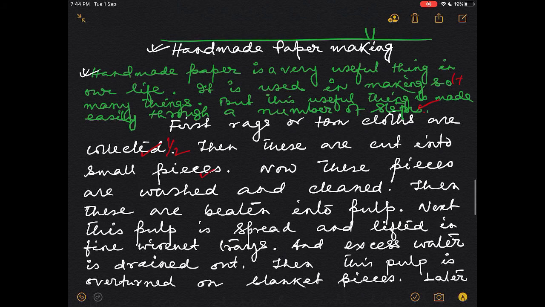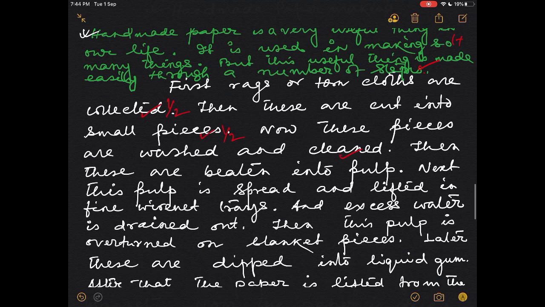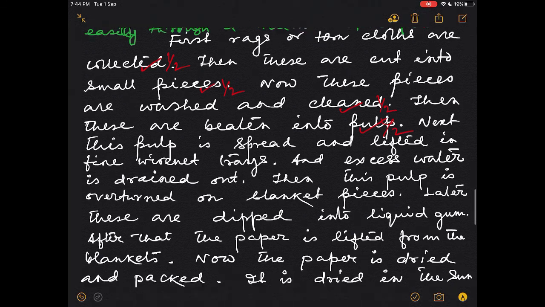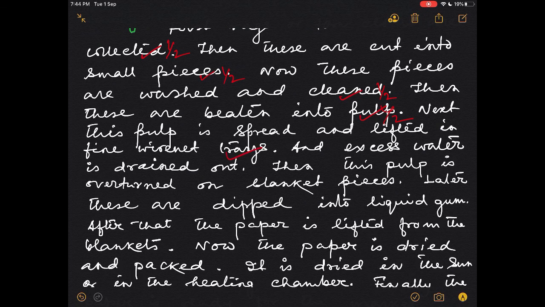For this, it is also right, so it is half. And this is also right, so it is half. For the next one also, half. For the next one, half. And excess water is drained out, half.